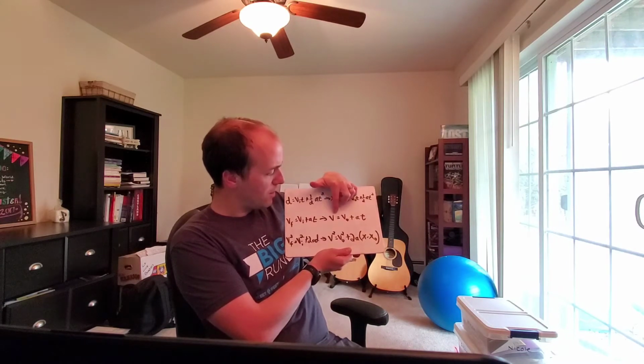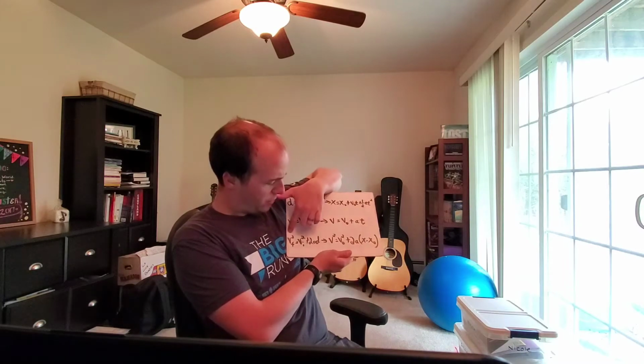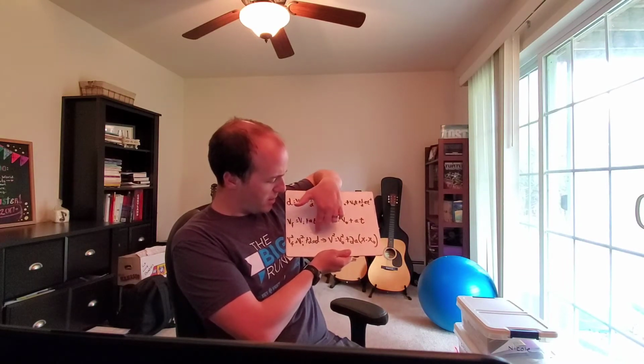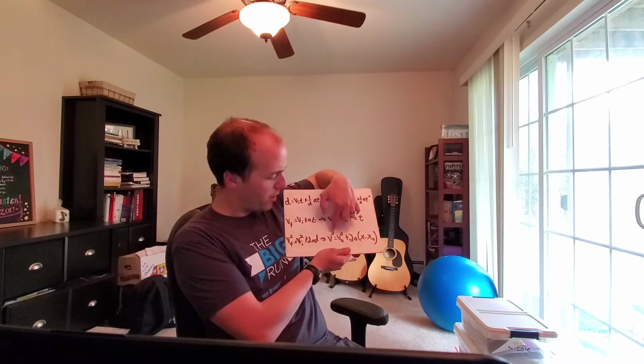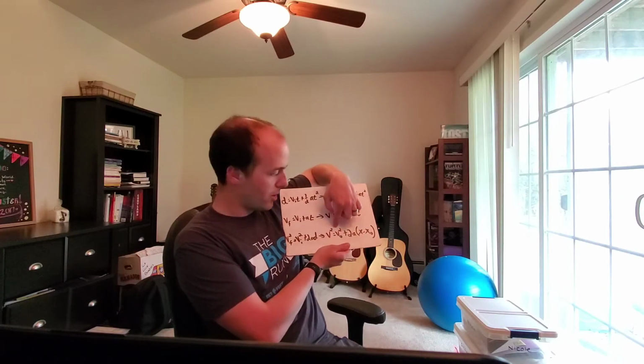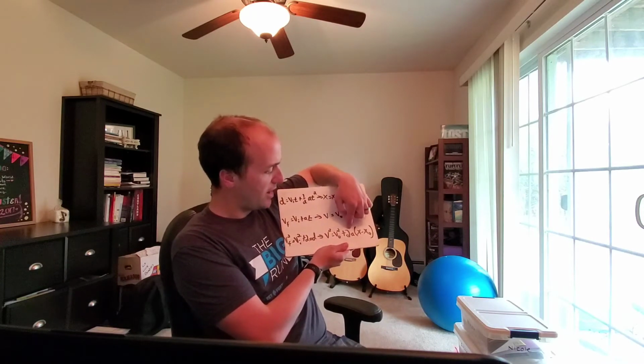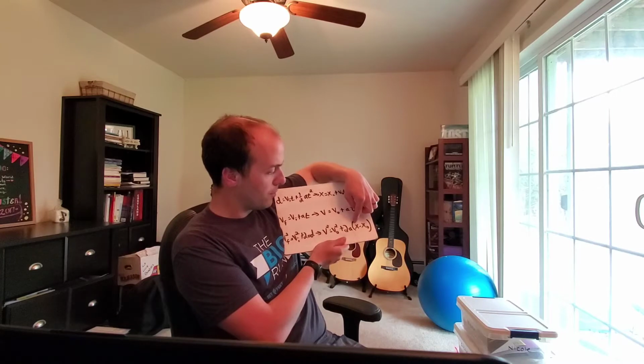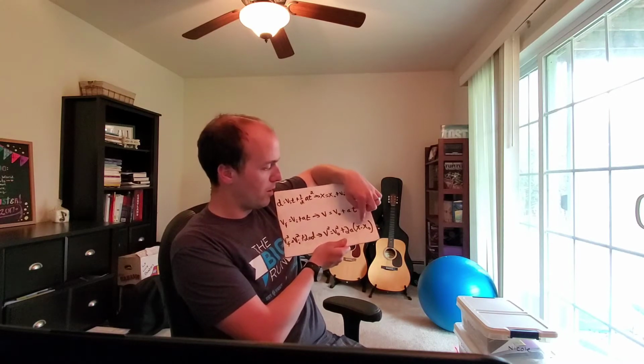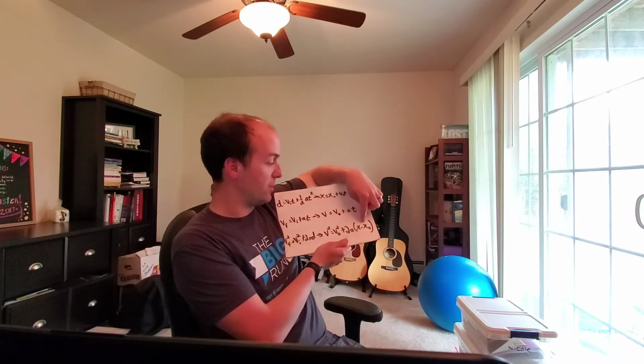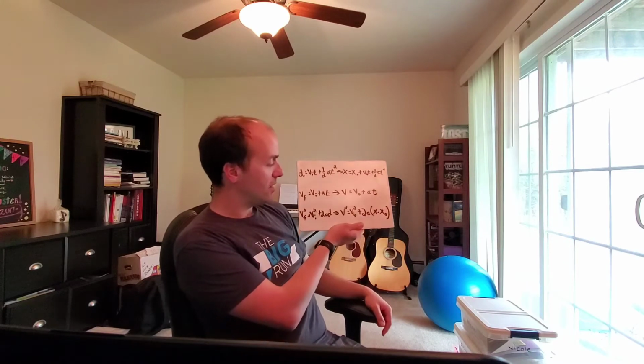Your v_f equals v_i plus at turns into v equals initial velocity, v_0, plus at, and your v_f squared equals v_i squared plus 2ad goes to v squared equals v_0 squared, initial velocity squared, plus 2 times a times your change in position, so where you are minus your initial position. Those are the basic equations.